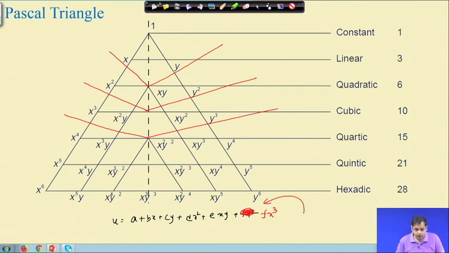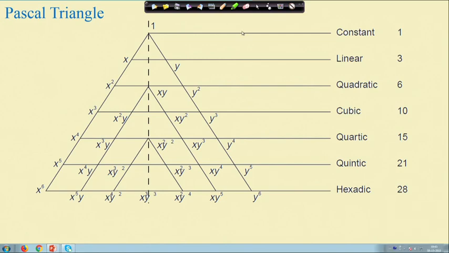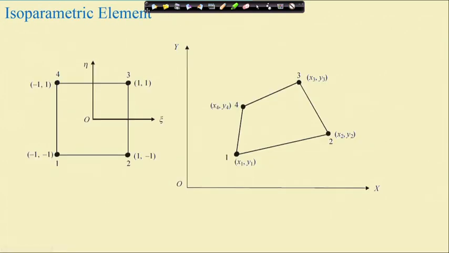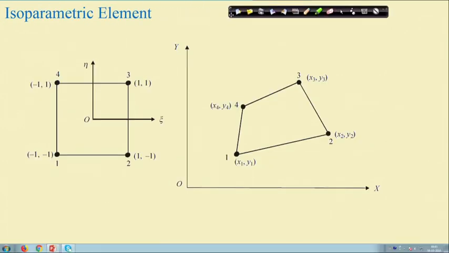Okay. Now, this is for the Pascal triangle, and the next thing is the isoparametric formulation. This is important. In all the cases we discussed so far, we knew the values of the coordinates; we assumed it is a 1D element, a triangular element, or a 4 noded element.